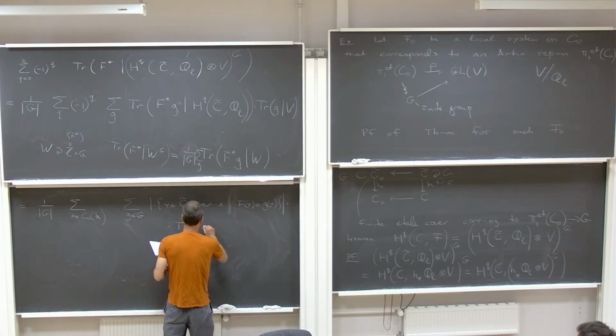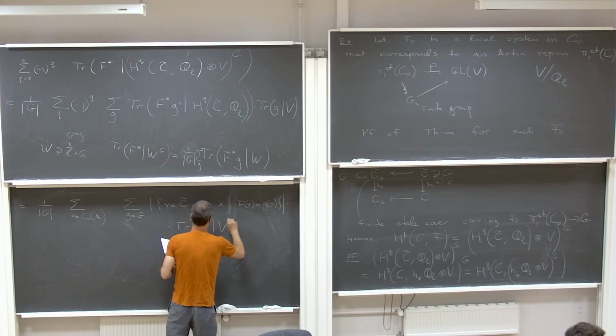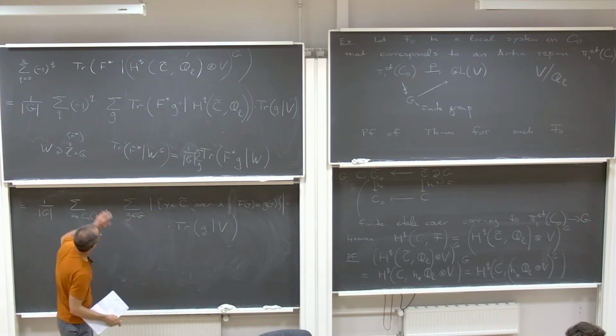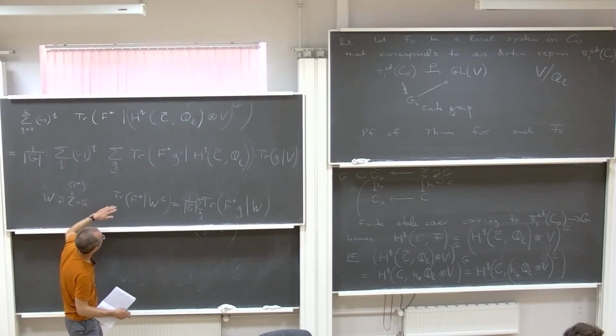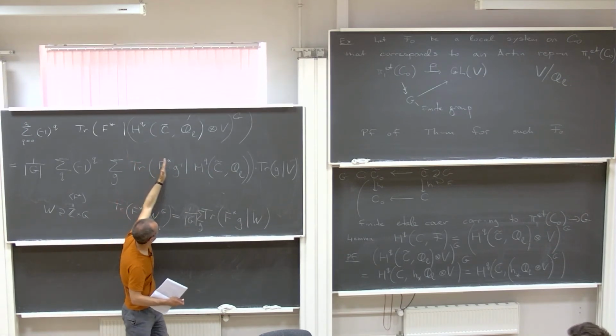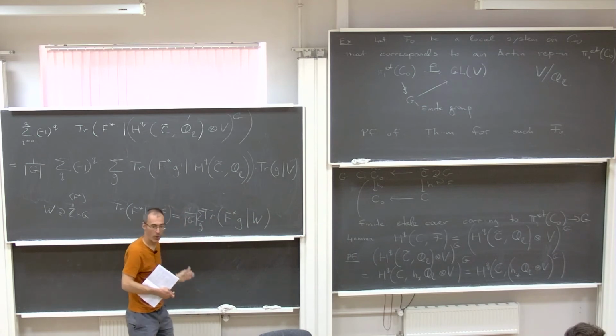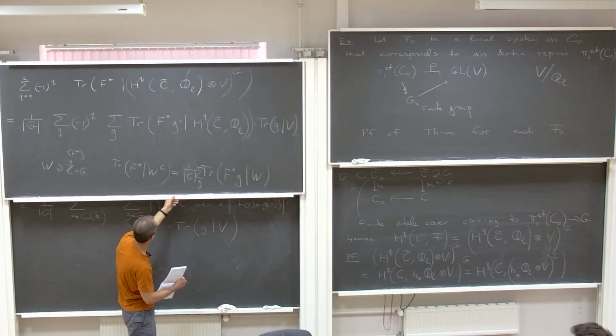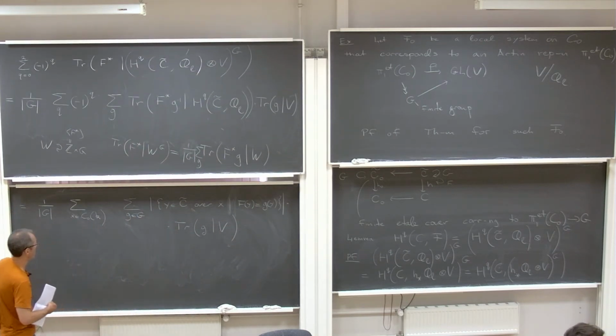So here I have the trace of G acting on V. What happened here is I just used the Lefschetz formula, Weyl's formula, to compute this trace. Good.